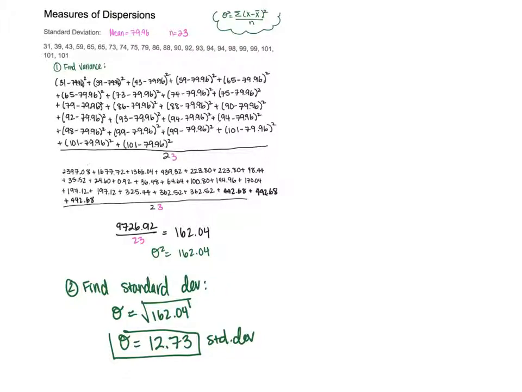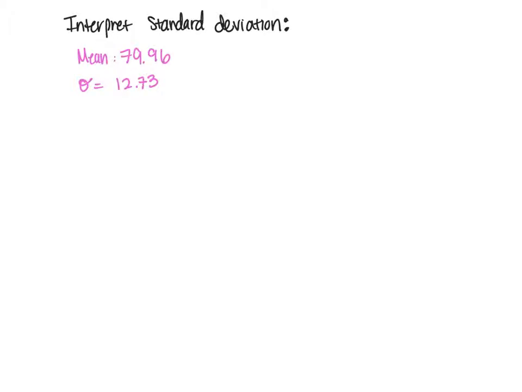Okay, so next we're going to interpret the standard deviation. So there's two things that we'll need to grab. It's the mean and the standard deviation. So the mean here, because we're doing interpretation this time around, you can go ahead and round both the mean and the standard deviation based off their decimal value. So the mean here is approximately, I would say, 80%.